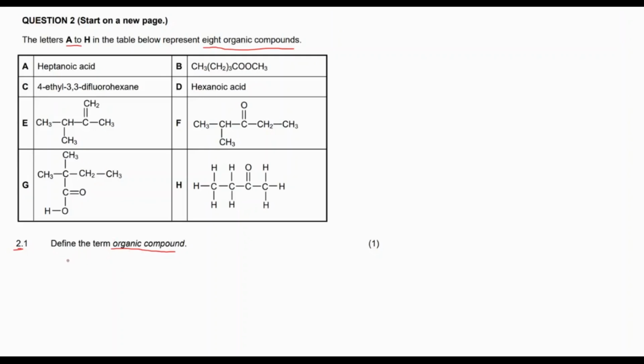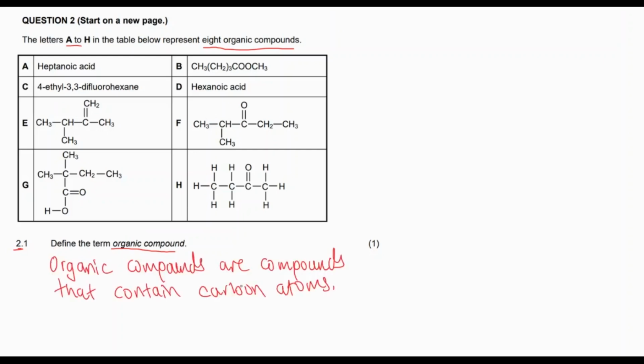According to the examination guidelines, you should be able to define an organic compound as a compound that contains carbon atoms, or molecules that contain carbon atoms. But please take note, there are some molecules that contain carbon atoms which are not considered to be organic. Let's take for example carbon dioxide, carbon monoxide, and carbonates.